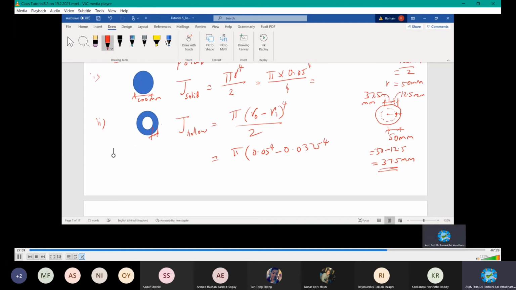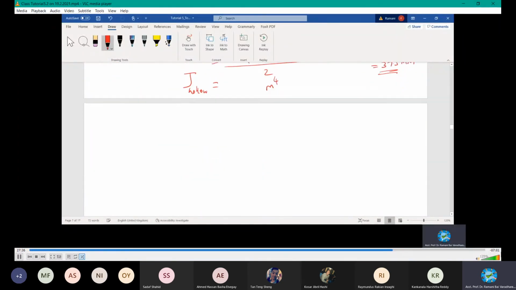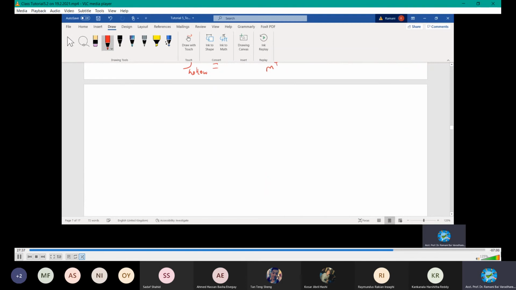Stop me if it is not clear at any time. Come on, find out this answer. This will be your J hollow, all in meters to the power 4, because I already resolved that into meters. Get me this answer so we can substitute conveniently in our calculations.